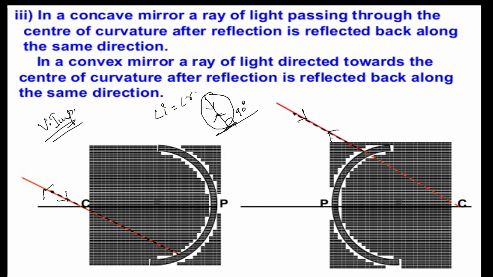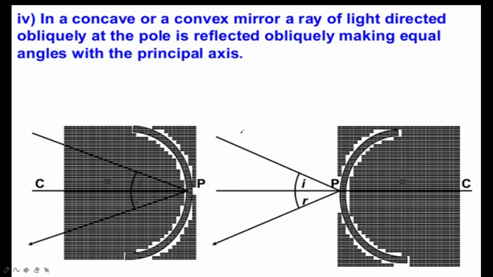Okay, this is the third rule. What is the fourth rule? Here also angle I is equal to angle R. In a concave or convex mirror, a ray of light directed obliquely at the pole is reflected obliquely, making equal angles with the principal axis.